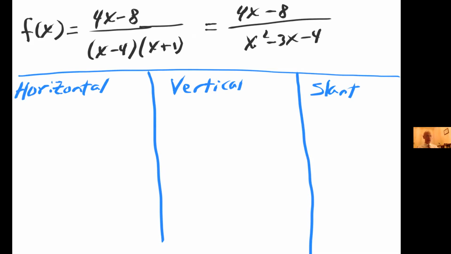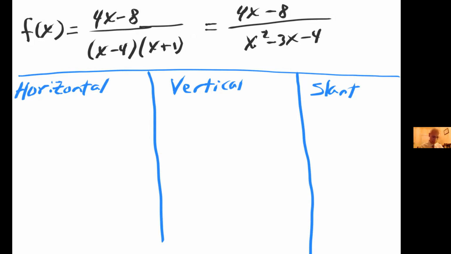Notice that the degree of the top is smaller than the degree of the bottom. So the numerator has a lesser degree than the denominator. As x is approaching infinity, f of x is approaching 0.